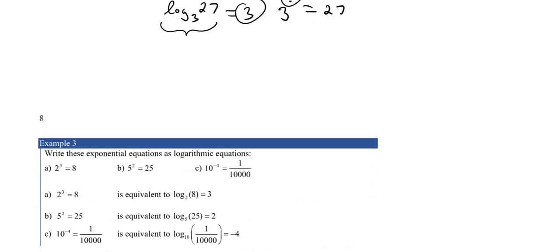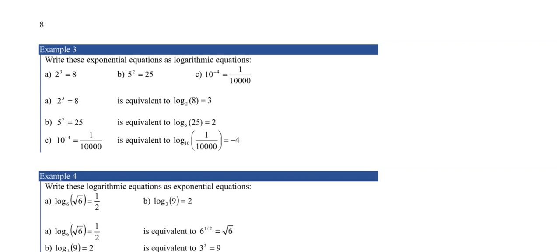All right, so let's do some examples here. It says write these exponential equations as logarithmic equations. So in this one, we've got 2 to the power of 3 is equal to 8. If we're going to go the other way, I didn't really do this one yet. I find a good place to start is with the base, right?